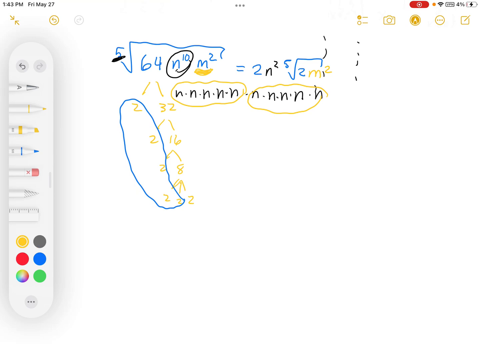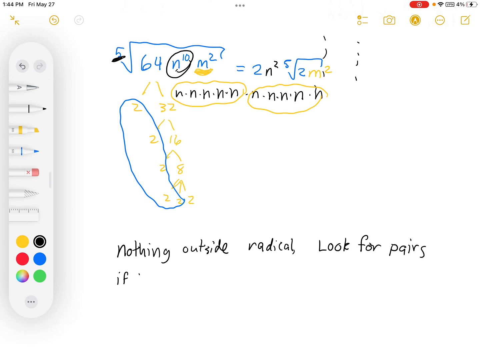So as a general rule, if there's nothing outside the radical, look for pairs. If there's a number, look for groups of that size.